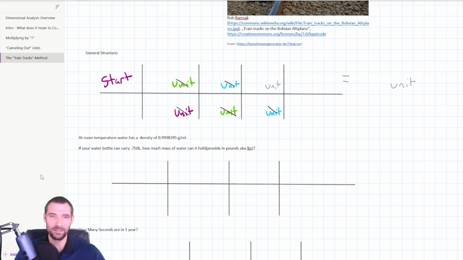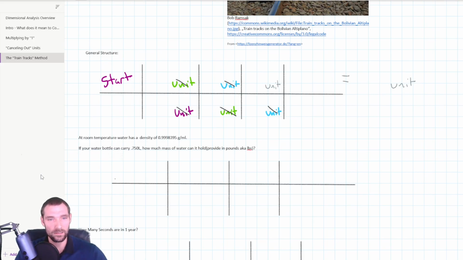So we're taking some volume of water and converting that into pounds using this density. They are also asking for the weight in pounds, and our conversion factor, if you've noticed, was given in grams per milliliter. So that's going to be an issue for us because we need to cancel out milliliters and work with grams.